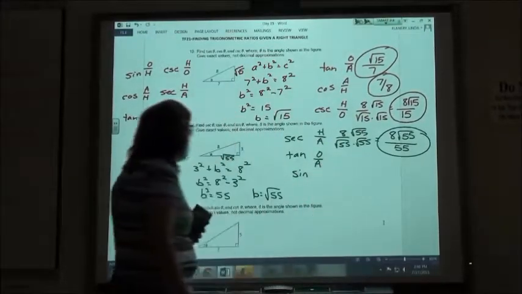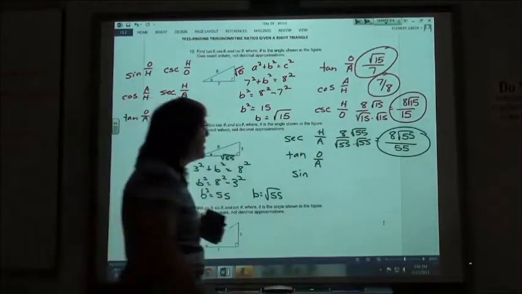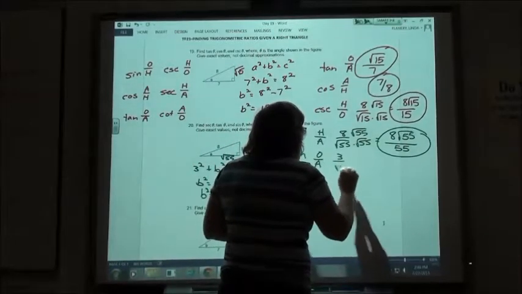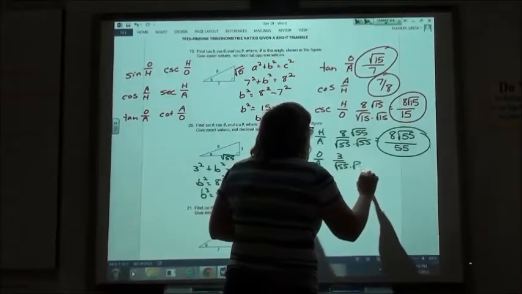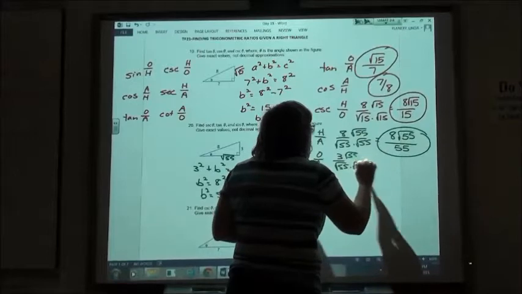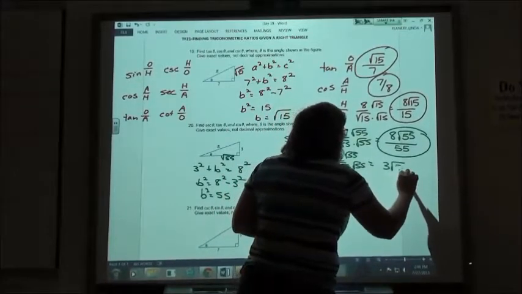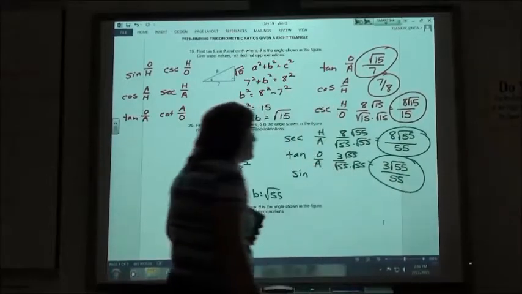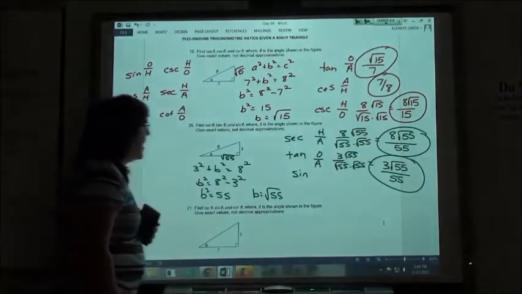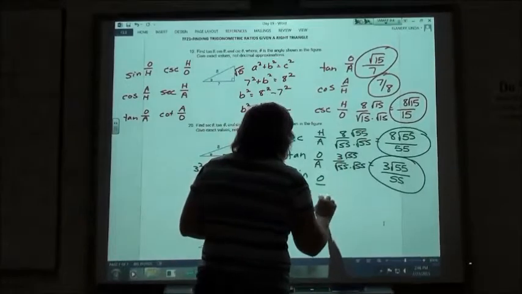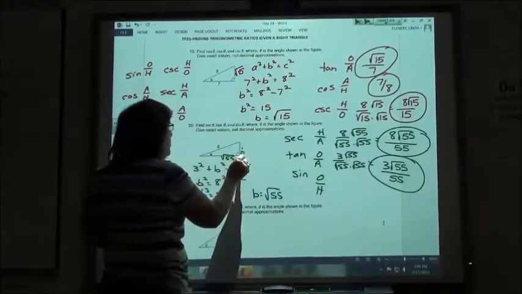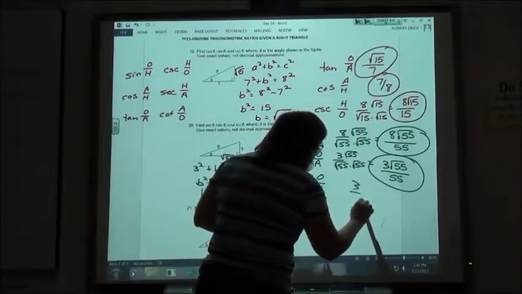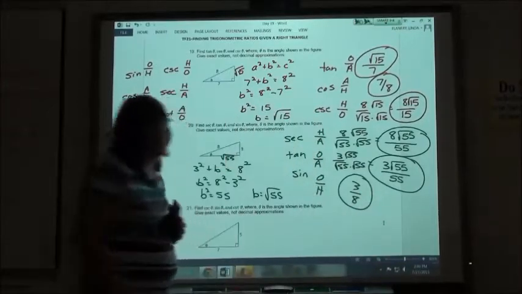Another one that I'm going to have square root of 55 then. Opposite is 3. So 3 over the square root of 55, rationalizing my denominator, I get 3 square root of 55 over 55. And my sine, opposite over hypotenuse. The opposite is 3, the hypotenuse is 8, that one makes it easy, 3 over 8.